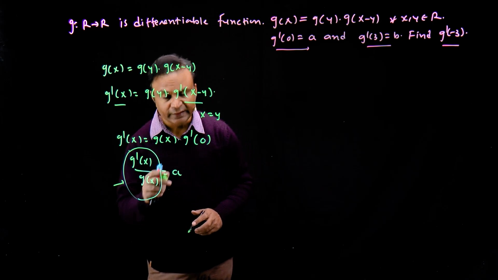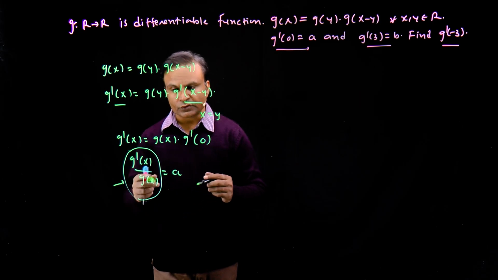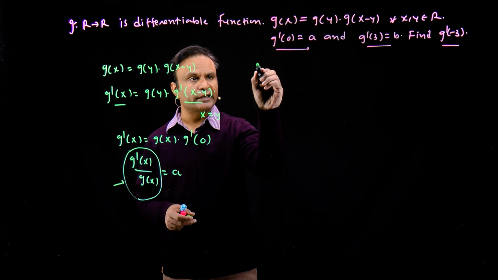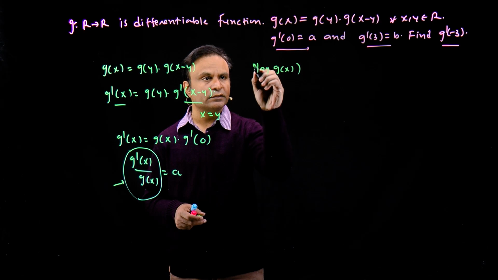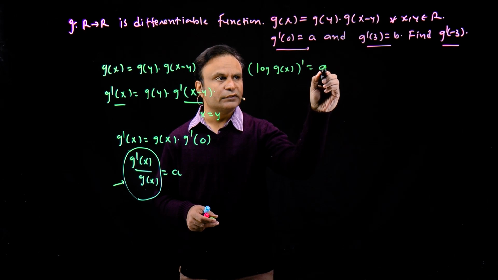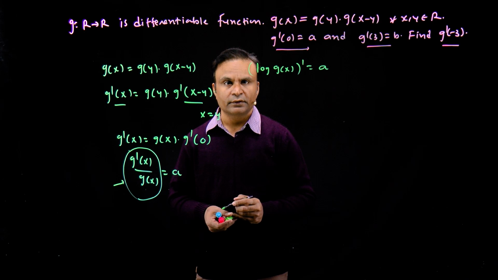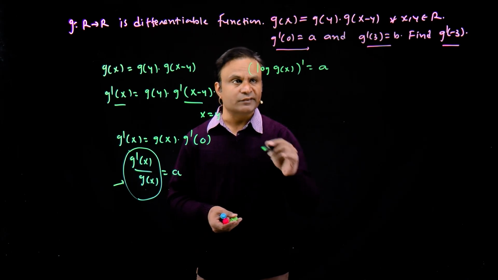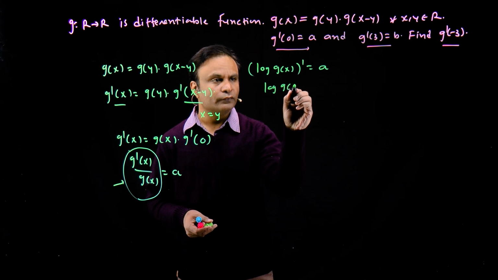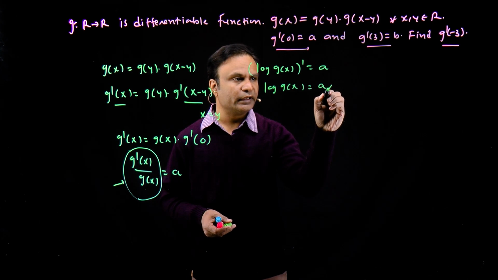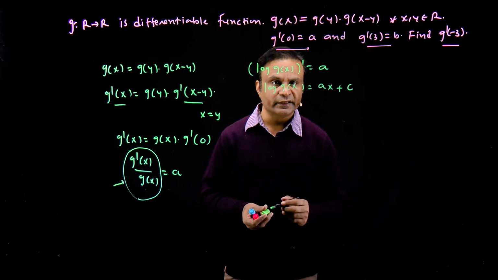Obviously this is the derivative of log g x. So I can write this equation as the derivative of log of g x is equal to a. Now I can get log g x by integrating this. So I get log of g x is equal to ax plus some constant c of integration.